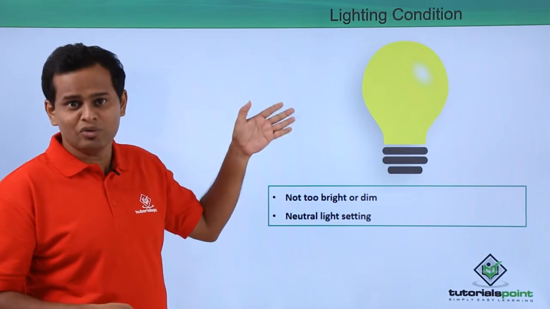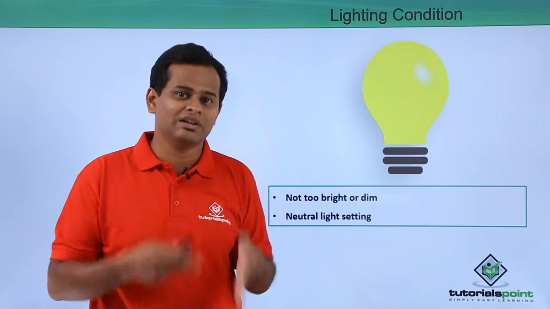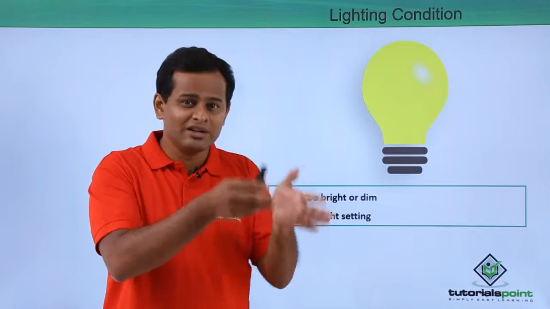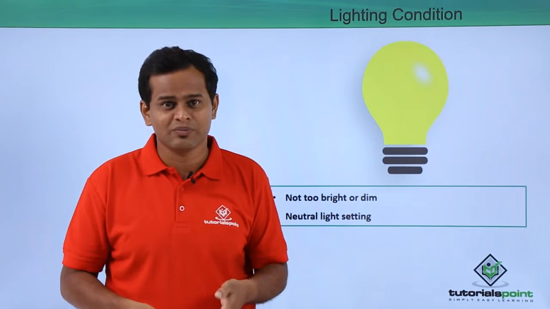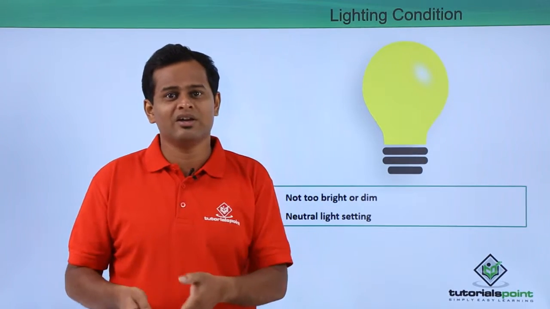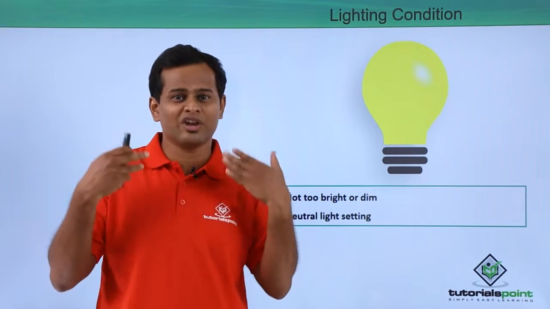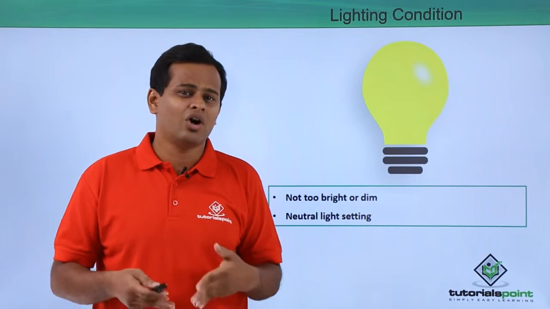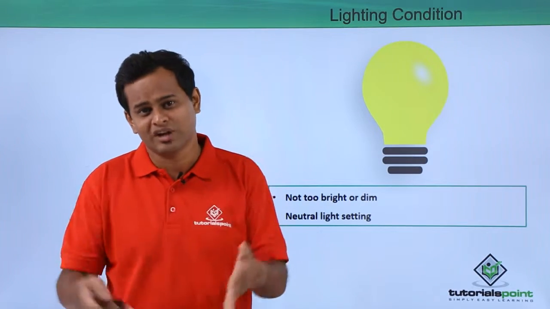And then we talk about the lighting conditions. In these lighting conditions, we need to be again very clear. It should not be too bright, because too much brightness creates a lot of stress and strain for the human eyes. A normal person who works a normal day looking at a very high light will have a lot more strain on the eyes, and it needs to be replaced, or it needs to have a proper maintenance level at a later point of time.